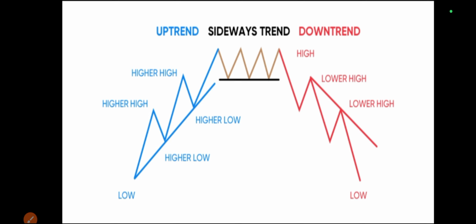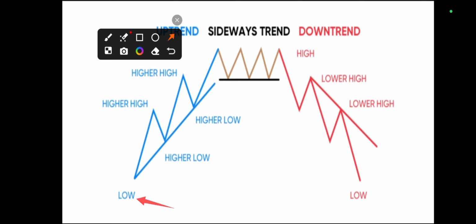On the uptrend, you can see the low, the higher low, the higher high, the higher high, the higher low. This is what makes an uptrend. It should be like a staircase going up, and for the downtrend, it should be like a staircase coming down.